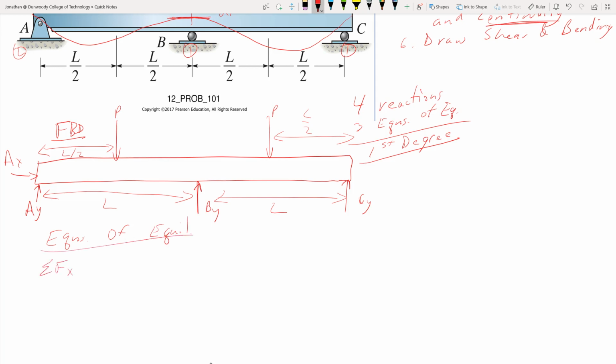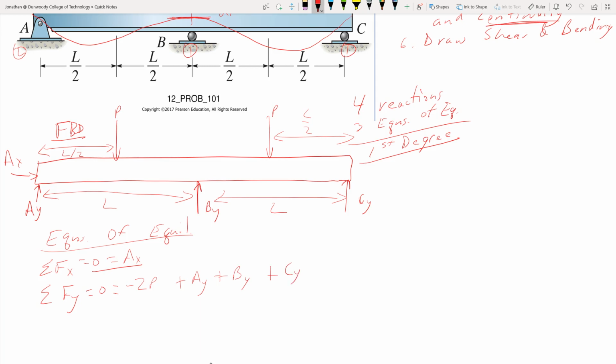So the sum of the forces in X is 0. AX is 0. So we've got that reaction done. We use one of our equations of equilibrium. Sum of the forces in Y. So what do we have there? We have negative 2P plus AY plus BY plus CY, so we can't solve anything directly there.